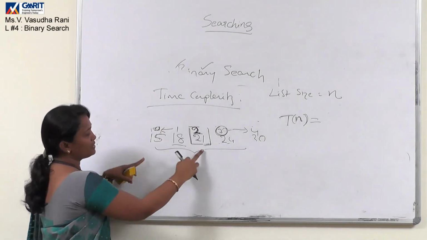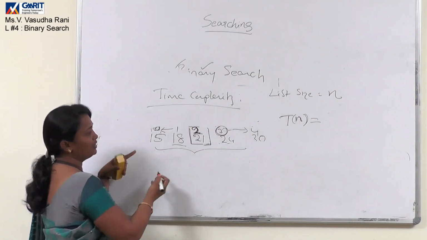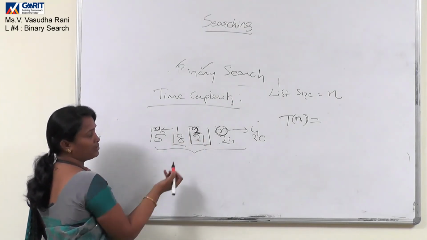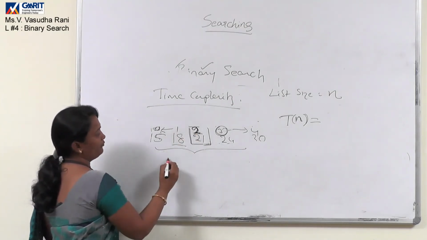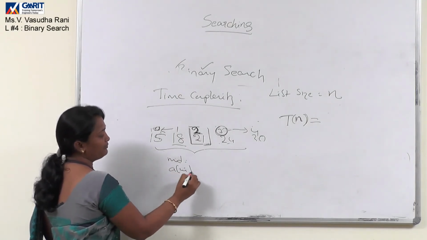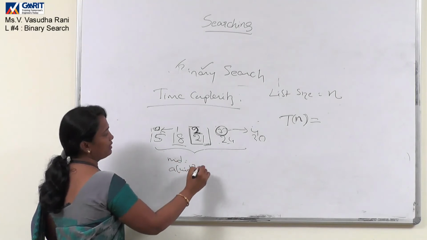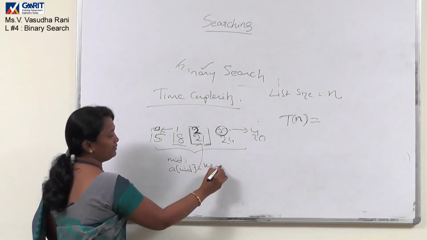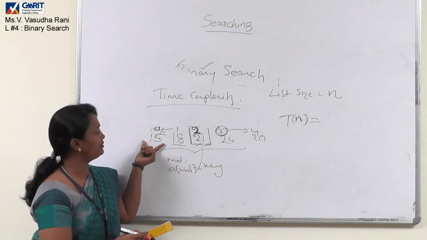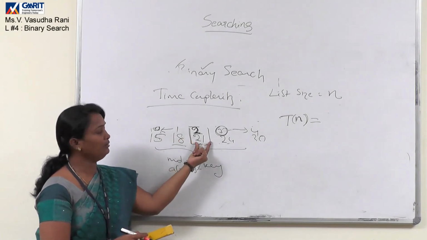So what are we doing in the first step? When you observe this, after taking the sorted list, we are calculating mid, and this A of mid is compared with the key. So the number of comparisons, in the first pass, key is compared with the mid.